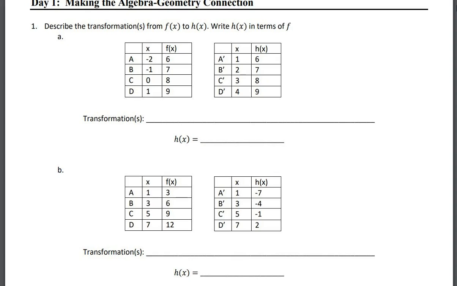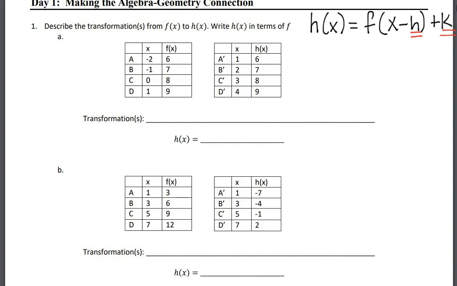So when we write our equation, we're going to write it as h of x equals f, and we're going to write our transformations inside for h and k. So let's go ahead and begin.